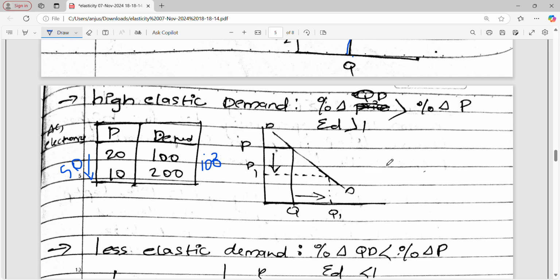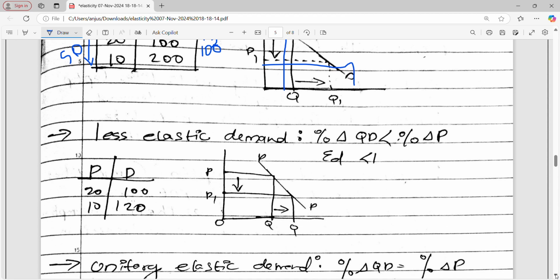This should be shorter actually. The price change is little, but the quantity increases more.